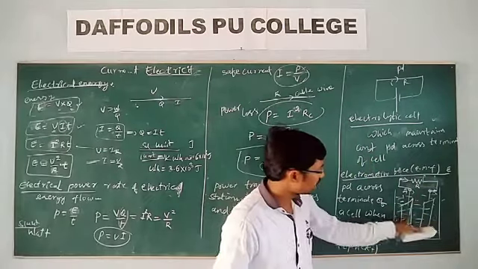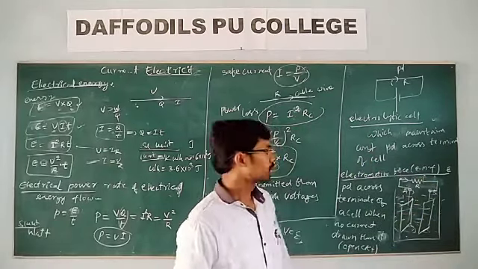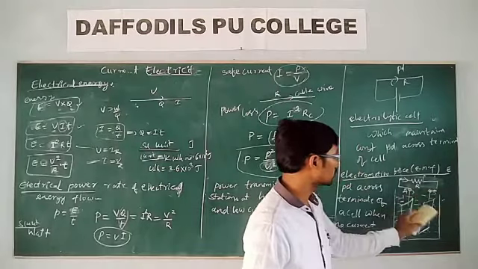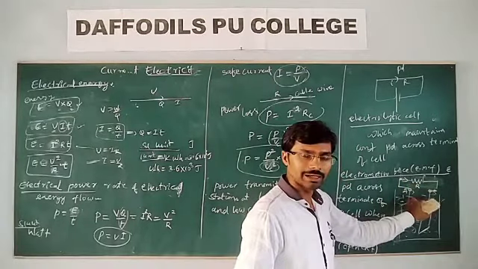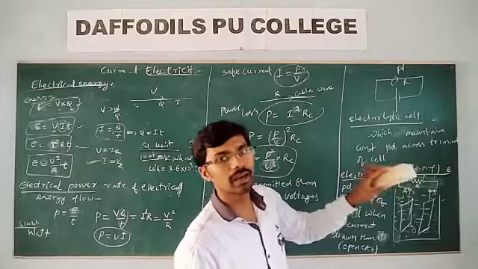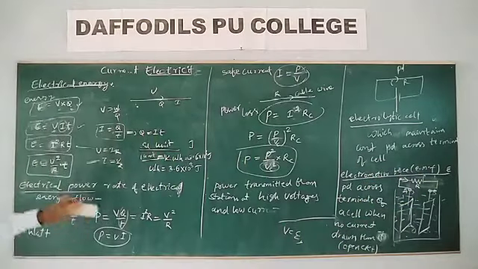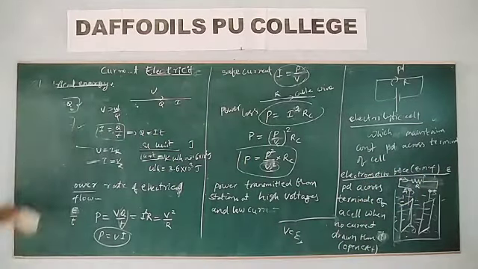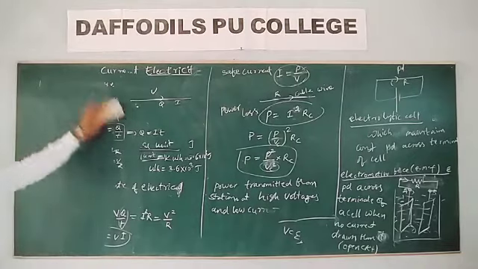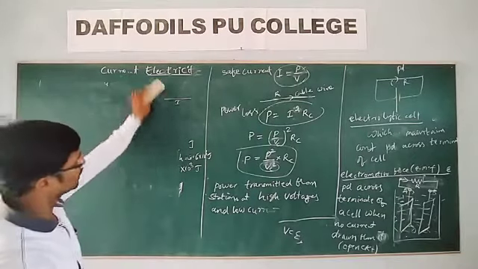That means the cell is in a closed circuit. Whenever it is in a closed circuit, the potential difference across the terminals of the cell is called the terminal voltage.